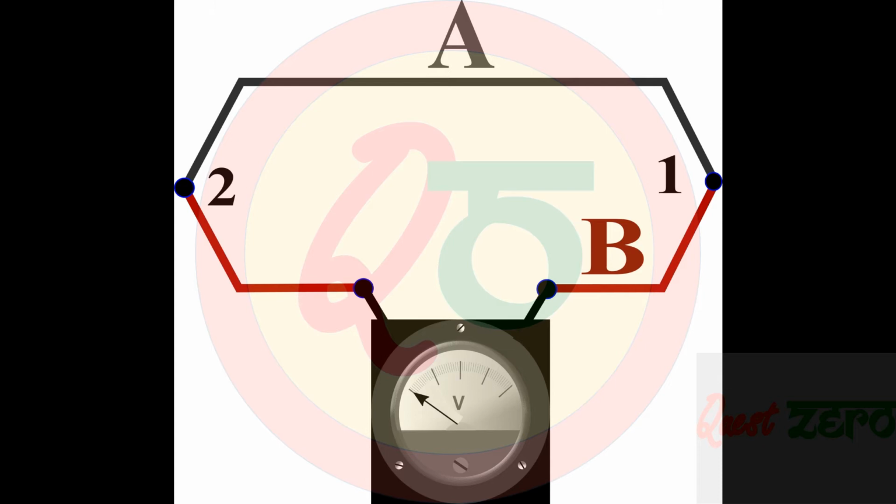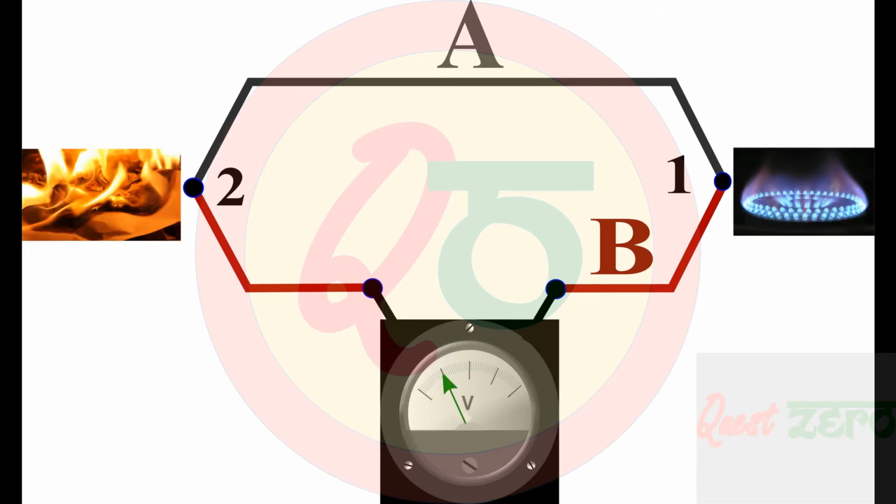But when this entire circuit of two dissimilar metals is subjected to two different temperatures, for example, on the left side you have a flame which increases the temperature of junction 2, and on the right side you have, for example, a controlled flame, a gas stove, which increases the temperature of junction 1.